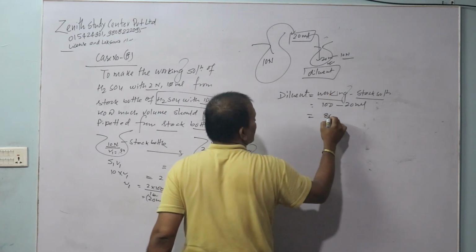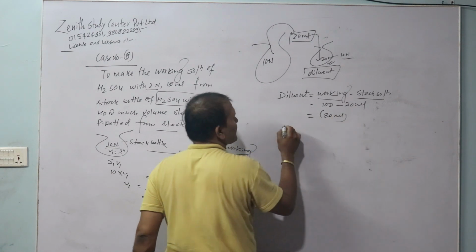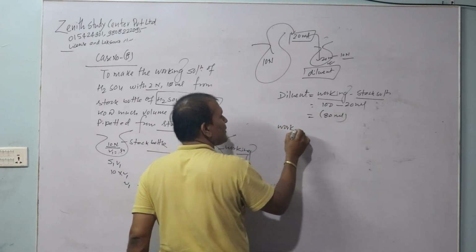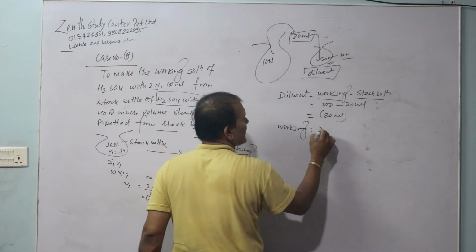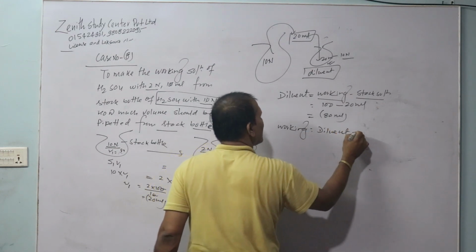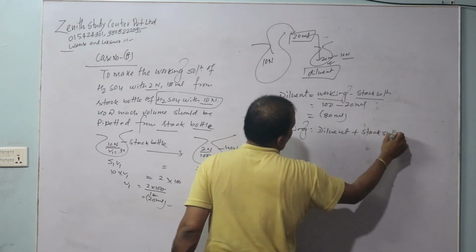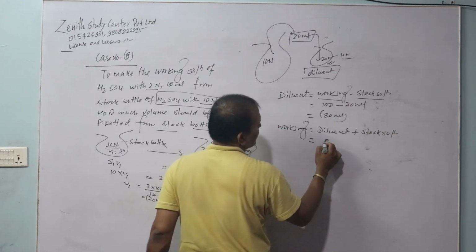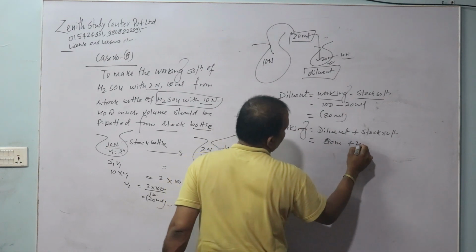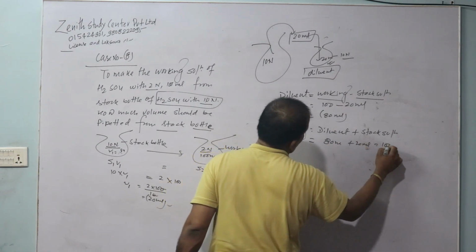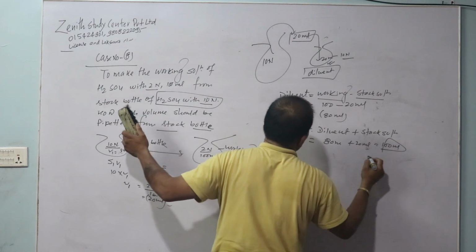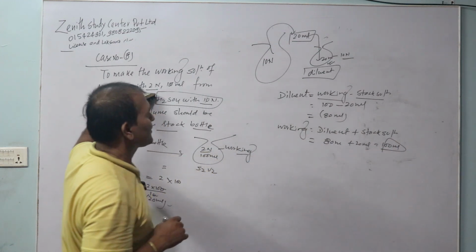So 80 ml. Now the working solution is equal to diluent plus stock solution. Diluent 80 ml, stock 20 ml, final solution 100 ml.